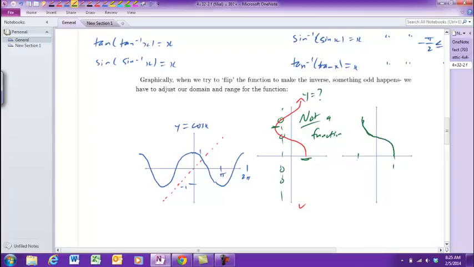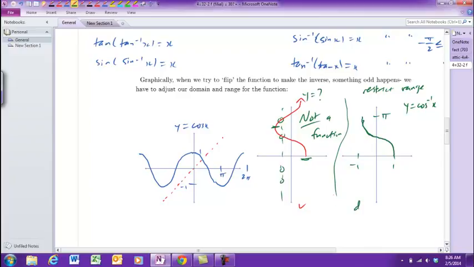This is 1, this is negative 1, and that goes up to pi. And now if we cut just this piece off, all of a sudden it is a function because we don't have the other parts to give us more than one value. And this is the graph of y equals inverse cosine of x. And what we actually did is we restricted the range of the function.